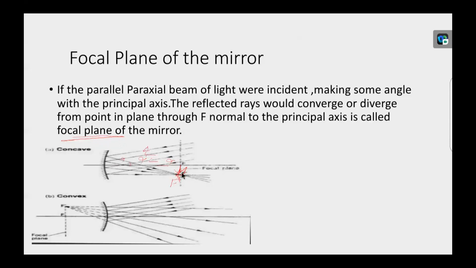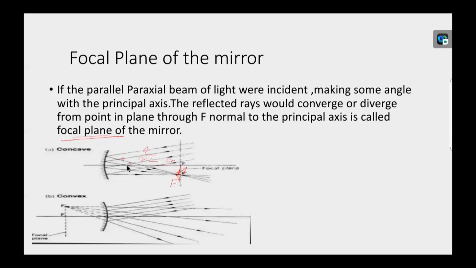After reflection, they converge at one point. From that converging point, we drop a perpendicular to the principal axis. This perpendicular we call the focal plane of the mirror.